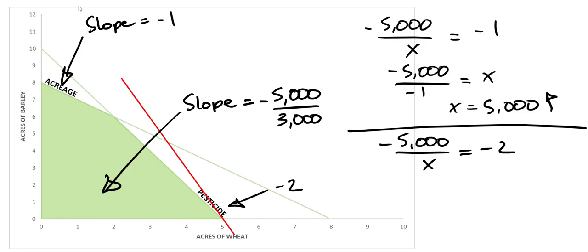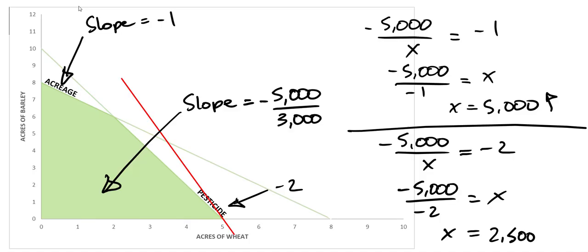And again, just reversing these two, we would end up with -5,000 over -2 is equal to x, or x is equal to 2,500, which did go down from its initial value of 3,000. It went down to 2,500. In one instance, it went up. In the other instance, it went down. We're feeling pretty confident that everything has gone okay.